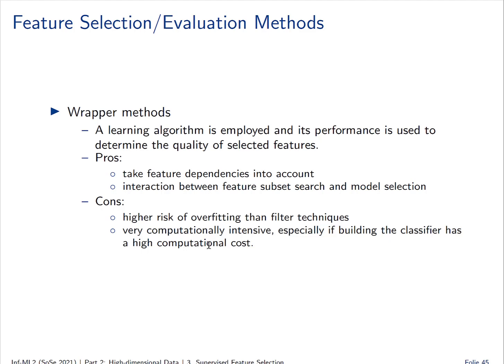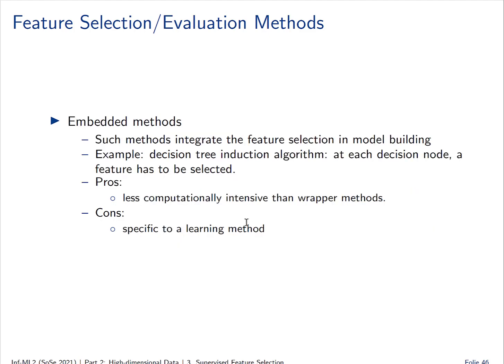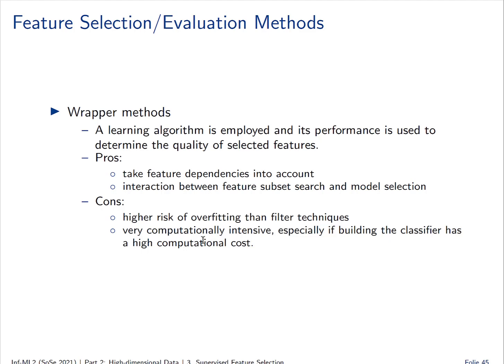Well, you don't apply that for neural networks, of course, because neural networks would be a kind of embedded method. But think of some costly classifiers like a support vector machine or stuff like that, and you have to apply that for all the candidates that you actually generate in order to find out which one is the best. So that is obviously a con.